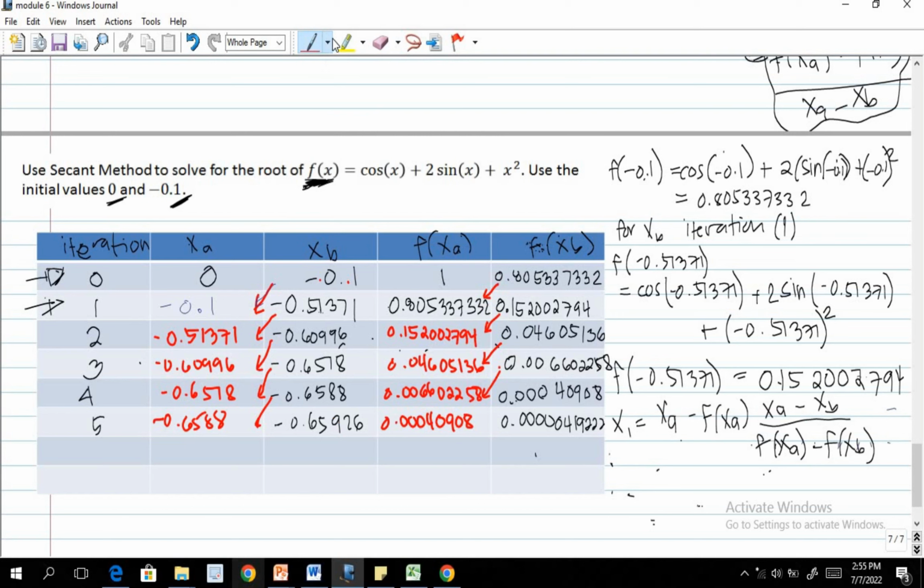For my iteration 6, this is negative 0.6526, and this is 0.5.